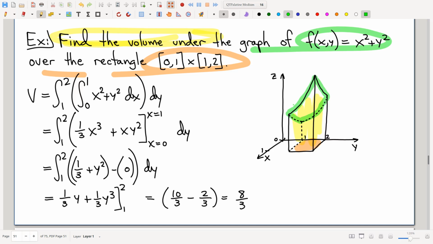Let's talk about notation real quick before I go on. The big idea of the notation I have for this rectangular domain is that the first interval represents the range of values of the first variable, in this case x, and the second interval represents the range of values of the second variable, in this case y.